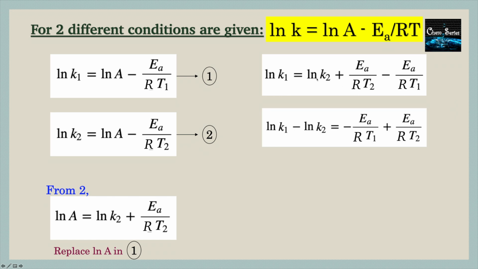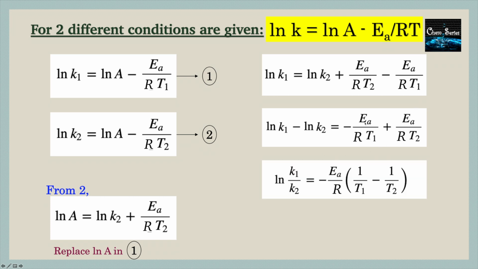Okay. Now bring this ln K2 over to the left-hand side. So it becomes ln K1 minus ln K2 equals minus EA by RT1 plus EA by RT2. Okay, first we are keeping the T1 term, then comes the T2 term.